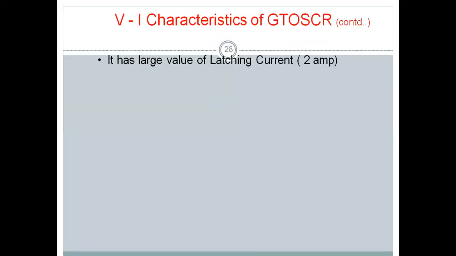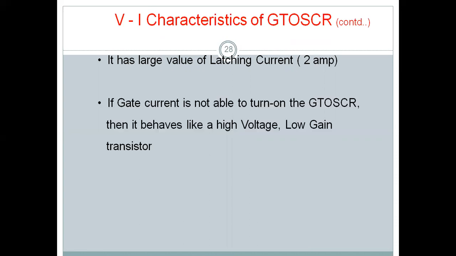It has a large value of latching current, approximately 2 amperes. If gate current is not able to turn on the GTO SCR, then it behaves like a high voltage, low gain transistor.